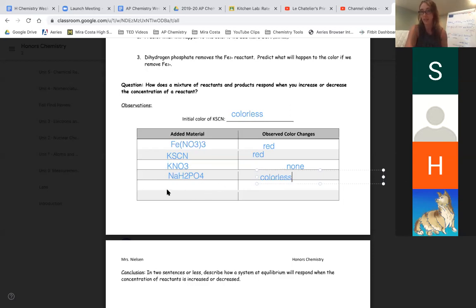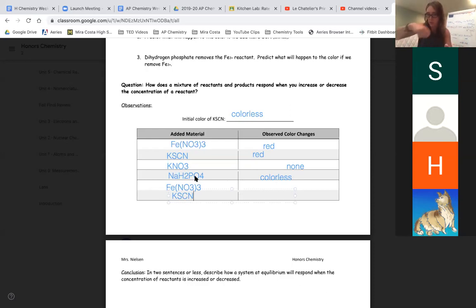Now, I think I added a little too much of that because what was supposed to happen at the end, when I added more iron nitrate and added more potassium thiocyanate, you probably noticed when I dripped a little bit of it, it got more red in there. But then when I swirled it, it got a chance to react, right? Actually collide.